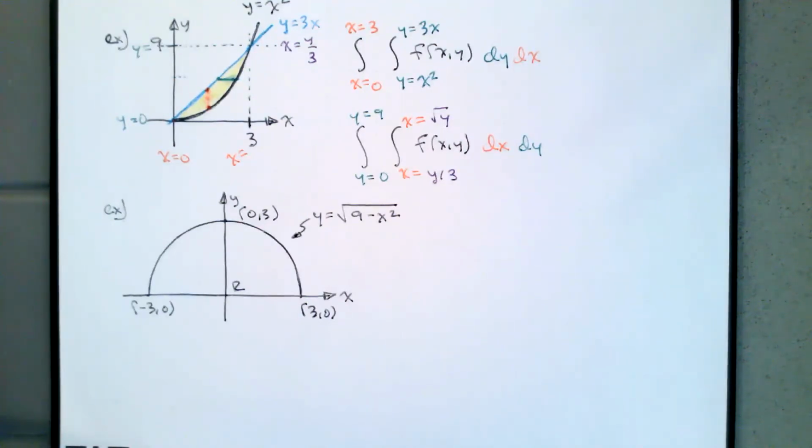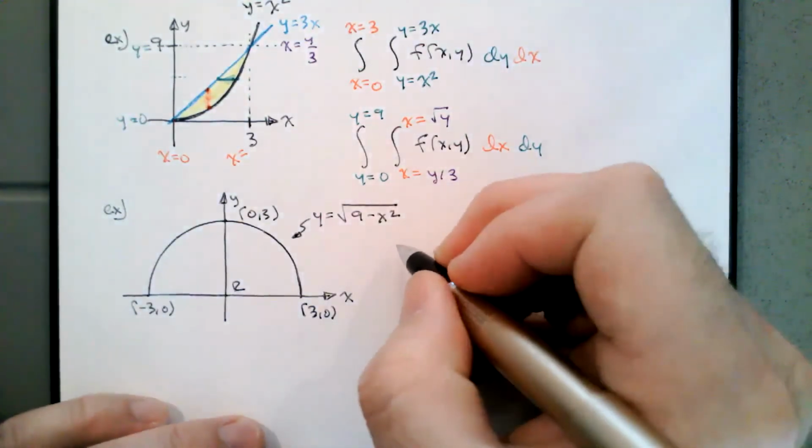Let's do a dy dx integral first, because x goes from 0 up to a function. Anytime one variable is a function of the other variable, if you can identify one as an independent variable, that should be your outer one.